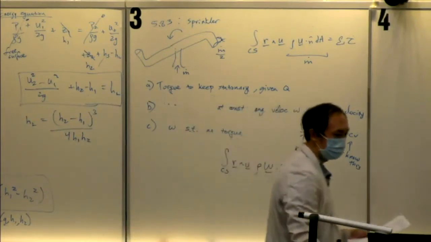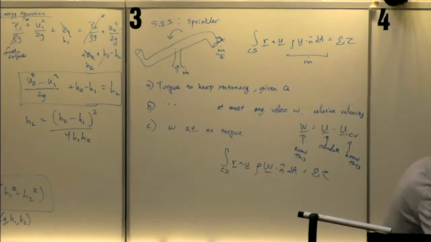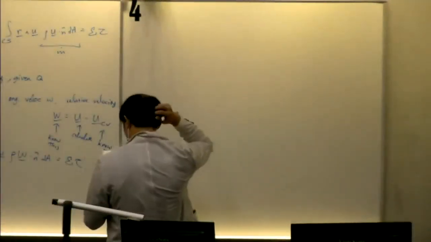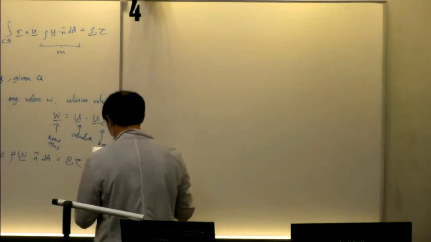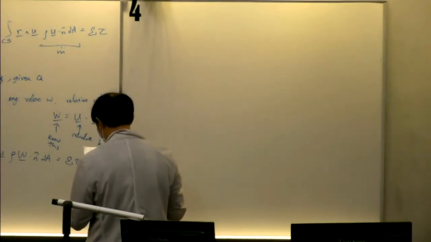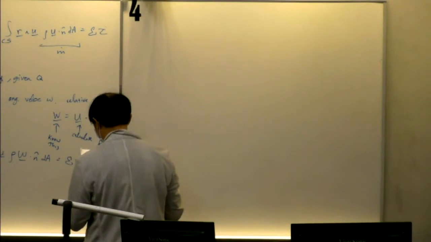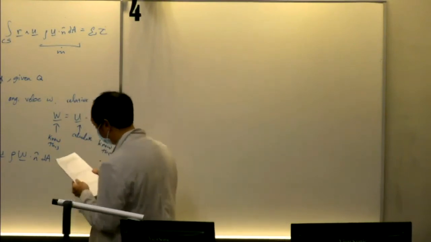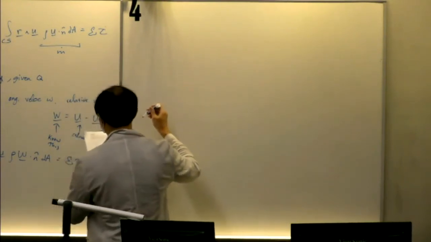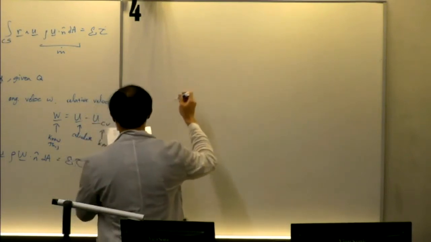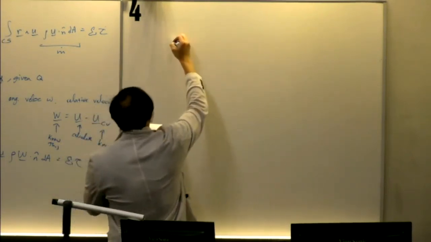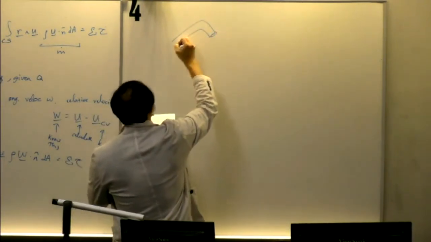Actually, let's just do this on the next board. So in this particular problem, the fluid looks like it's going upward to the horizontal. All right, so you've got 3 heads.